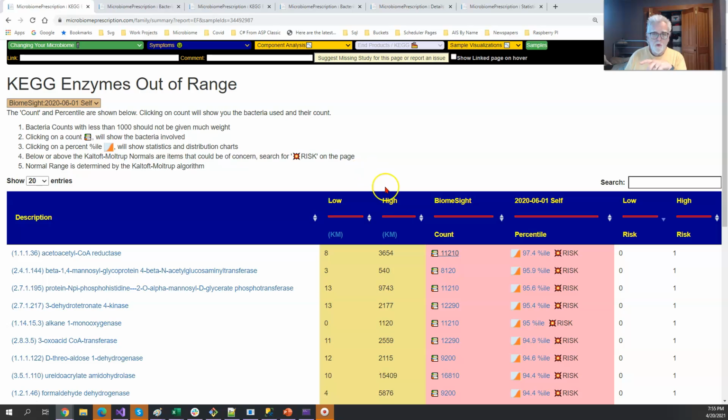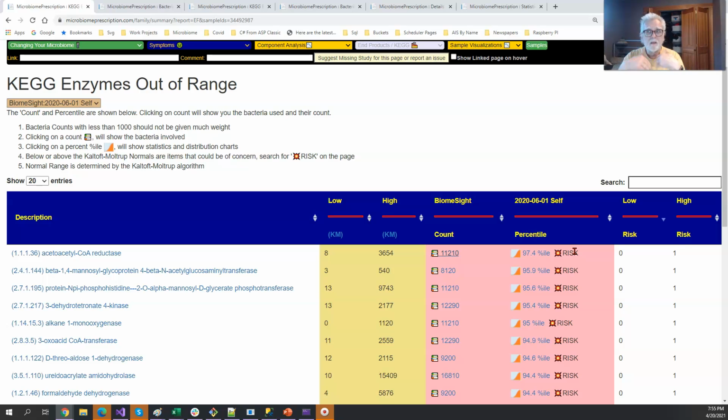Now I should mention one thing for clarity. There's a problem, which is that the ranges, etc., are currently, and not intended to stay this way, being done by looking at all of the samples, not just from Biome Site, but all of them. Once a particular lab gets up to 1,000, I will put in the time, hours or days as the case may be, to customize the percentile so that it is measured against what is reported from that lab.